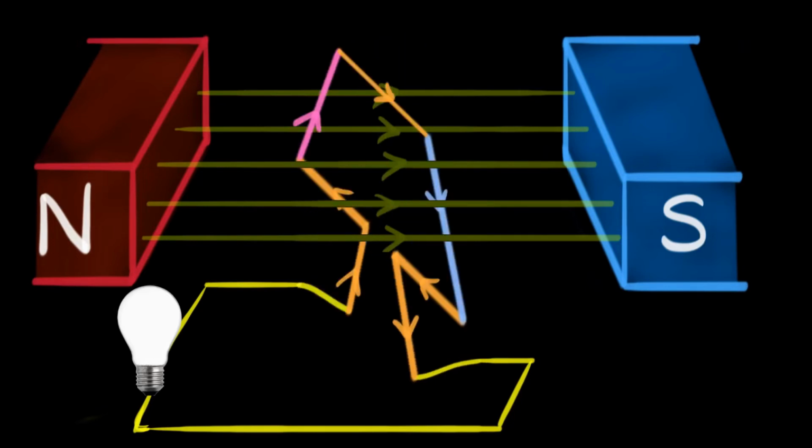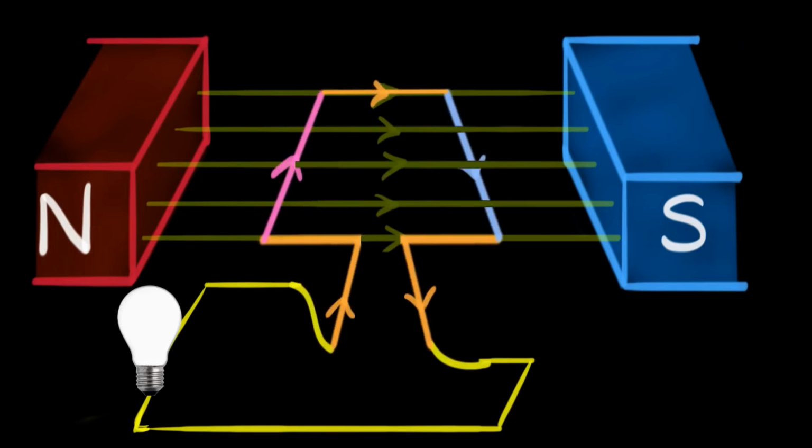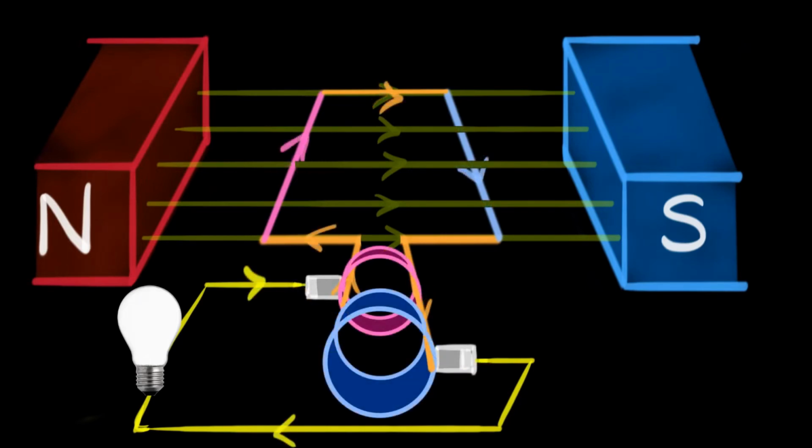So to avoid that, we will not connect the wires directly. Instead, we will use an arrangement involving brushes and slip rings. It looks somewhat like this. So basically we have two metallic rings, the pink one and a blue one. What you may not make out from my diagram is that each ring is connected to one wire only.